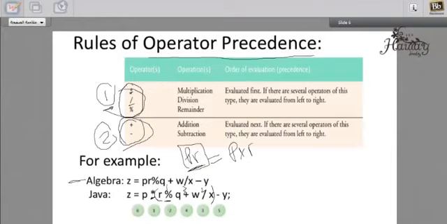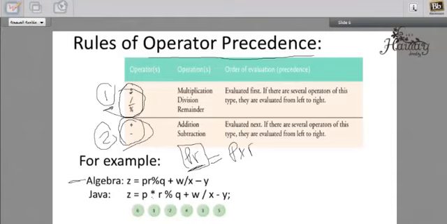What if we have a bracket inside a bracket? I'm going to open the chat for you. You tell me: what will we do if we have a bracket inside a bracket?